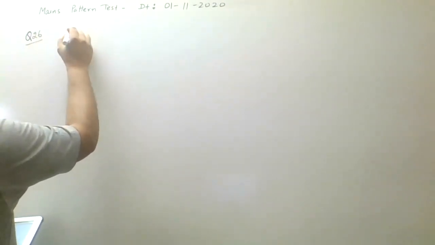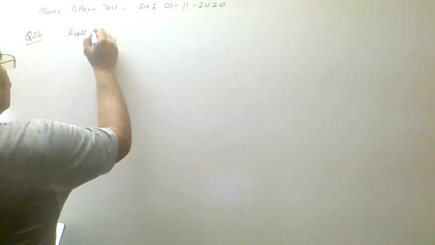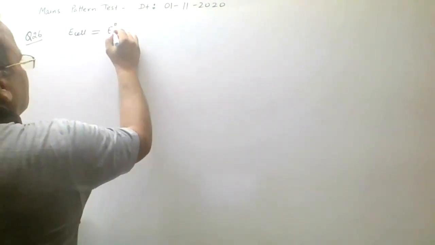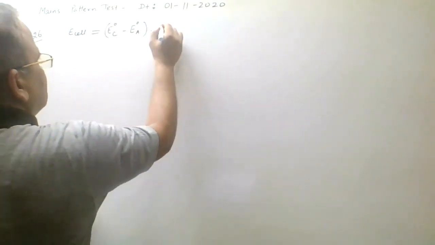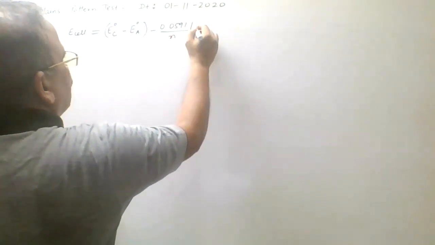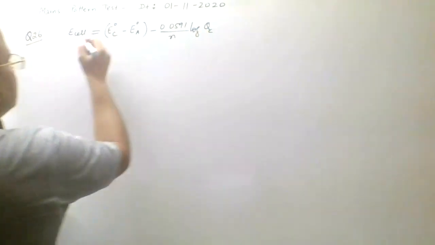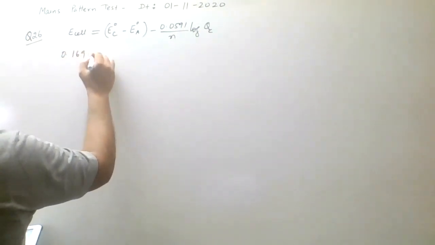By the Nernst equation, E cell will be equal to E cathode minus E anode, that is E naught of cathode minus E naught of anode, minus 0.0591 upon n into log of Qc. We can substitute the values directly. This is given to us as 0.169.